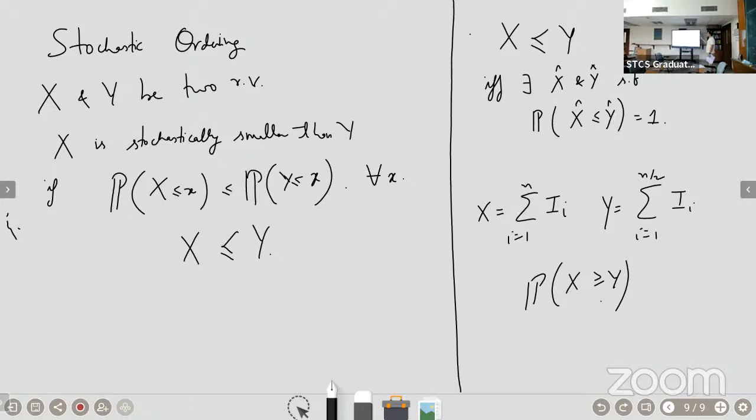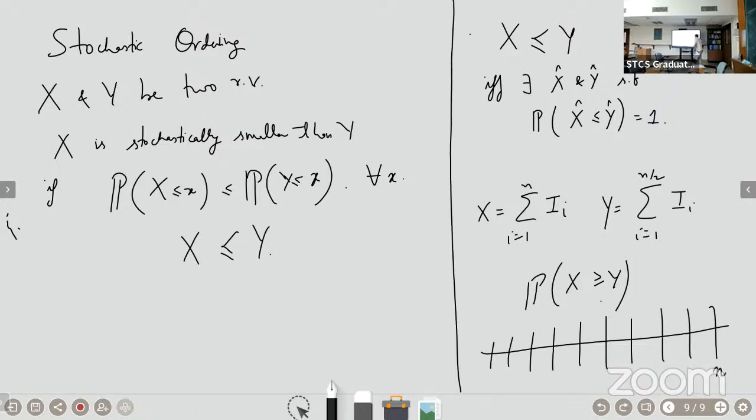How to define them? I am allowed to take any X hat and Y hat for which the distributions are the same. So I make sure that whenever the indicator is 1 for this, it is also 1 for that. And that's a valid distribution. How many of them are there? N. 1, 2. So let's say this is n.